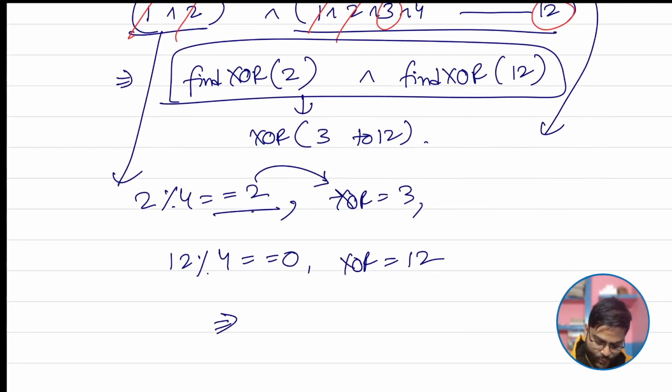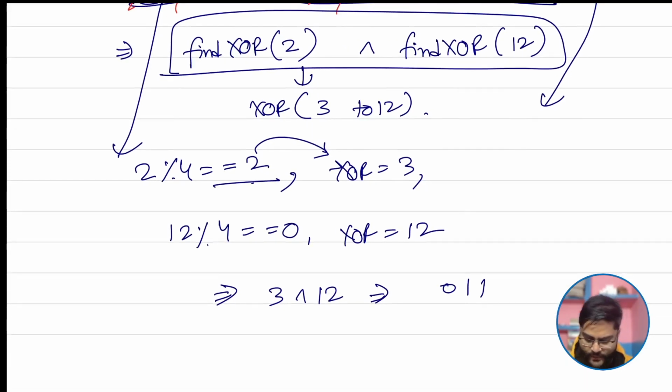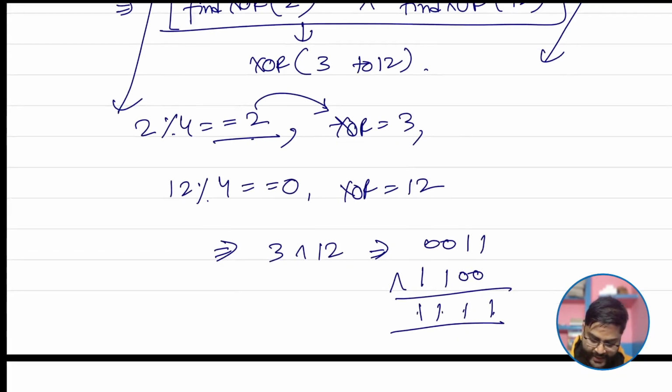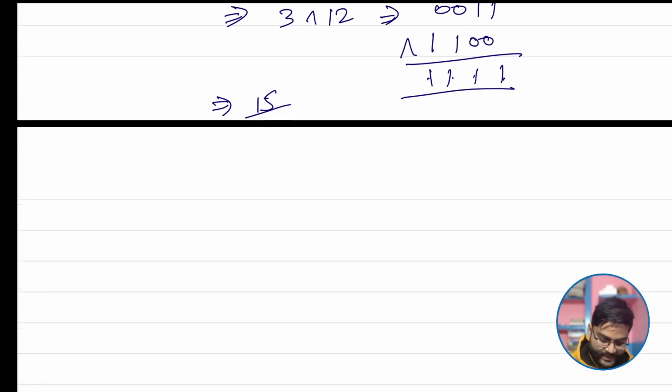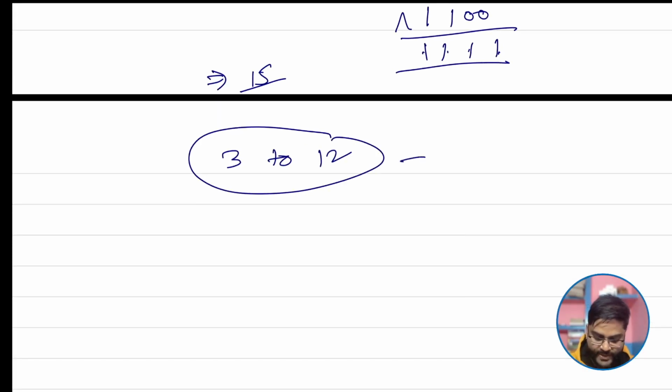So if I do 3 XOR 12, 3 is 1 1, and 12 can be written as 8 and 4. XORing gives 1 2 4 8, which is nothing but 15. So the XOR of 3 to 12 is 15.